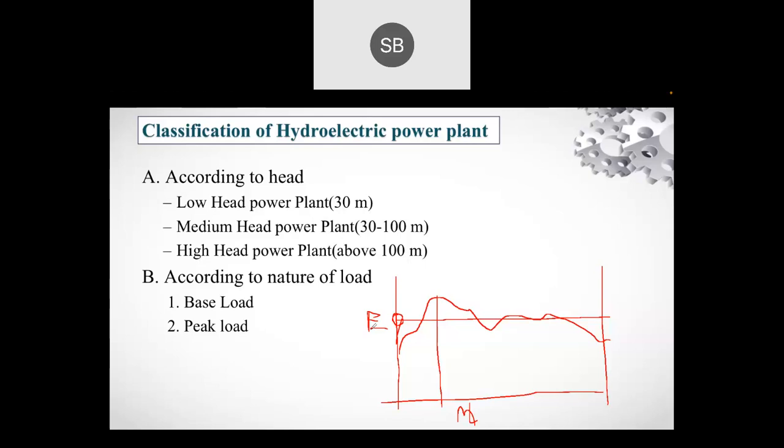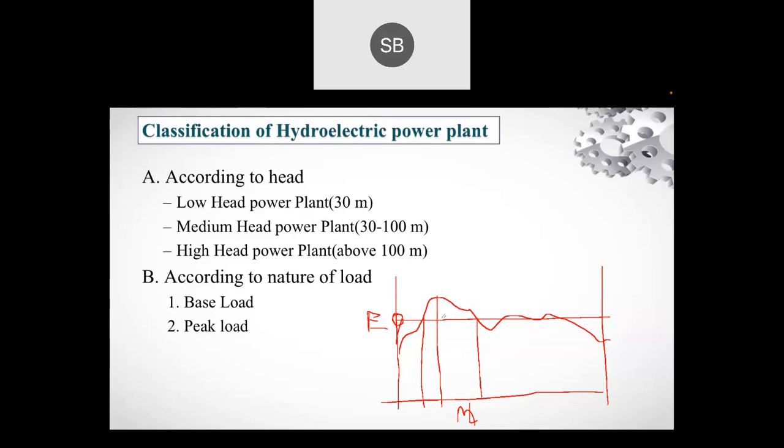It is the load which is constantly there throughout the year. It means the customer requires at least that much energy, or electricity, throughout the year. That means for the whole year the base load must be provided, so the power plant must generate at least this much load.